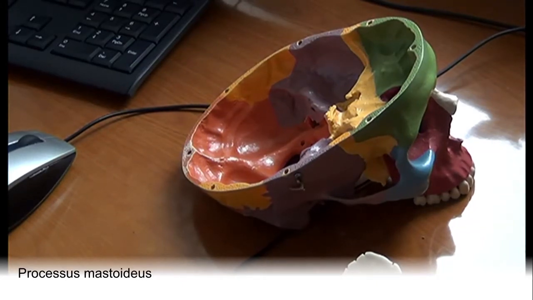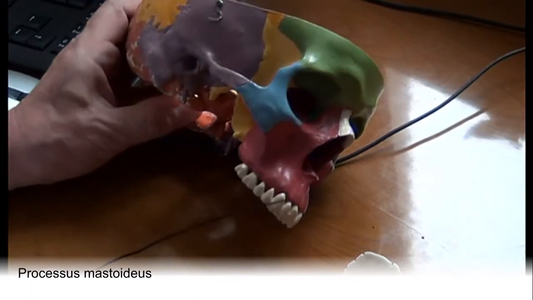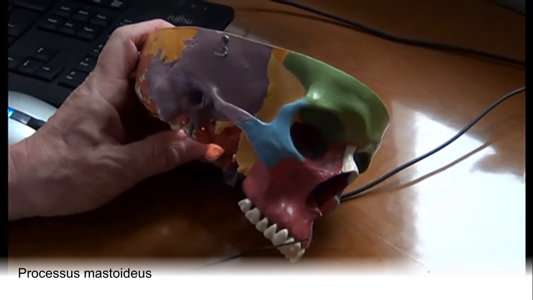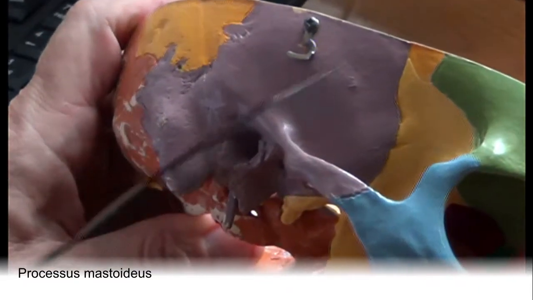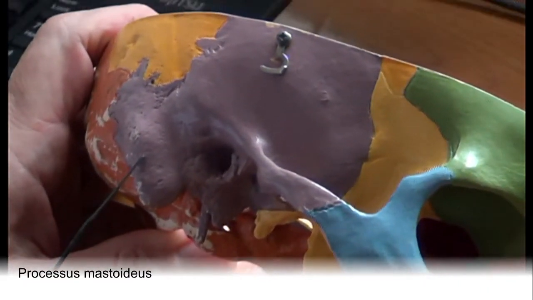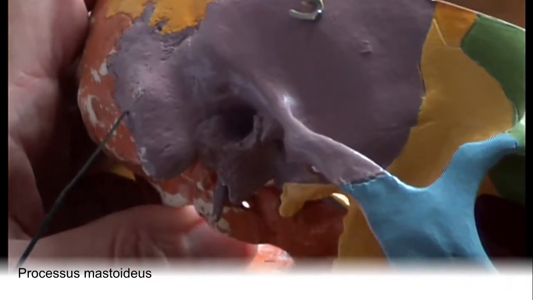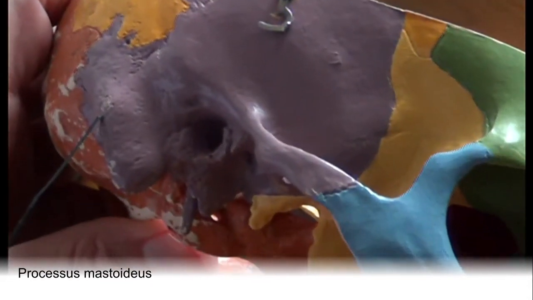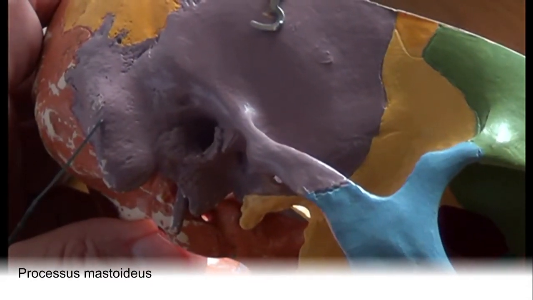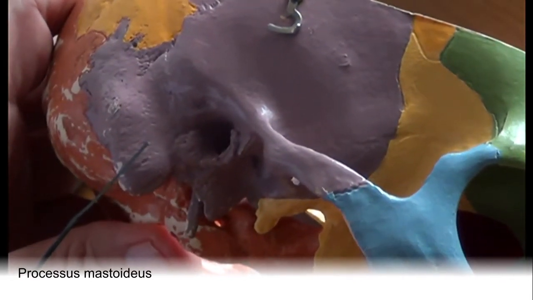Mastoideus, processus mastoidus. So, to summarize, the temporal bone is a centrally located bone in the neurocranium, and it is divided into 3 or 4 parts.